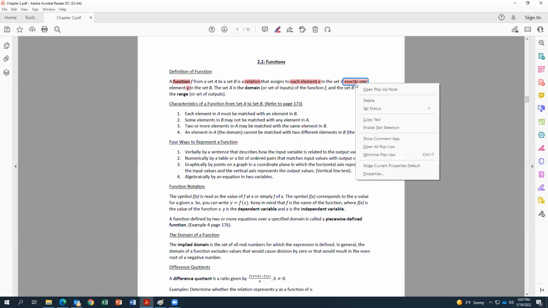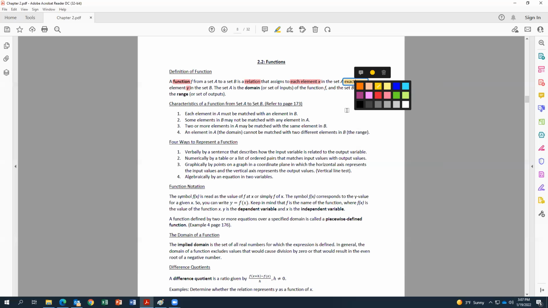I'm going to change this into a different color. That means that if you have a function, one x can only go into one y. If one x goes into multiple y, that is not a function. So a function only happens when each element x goes to exactly one element y.